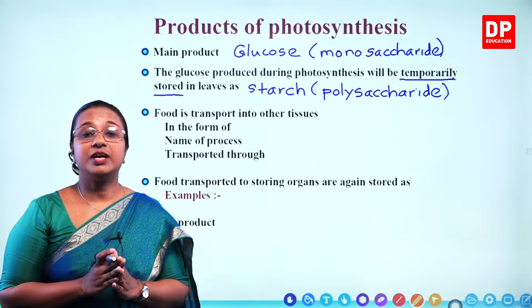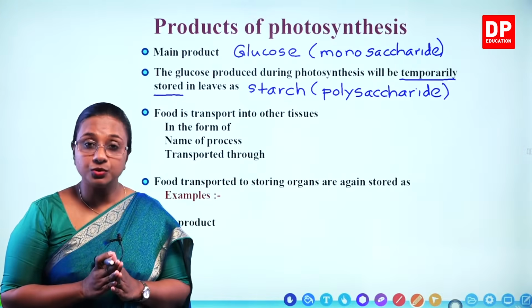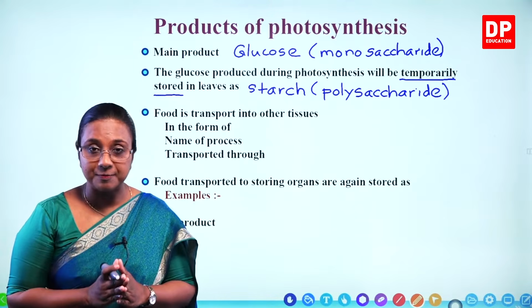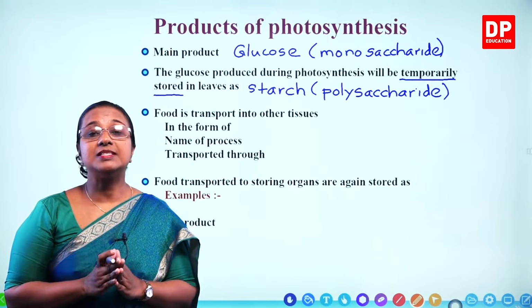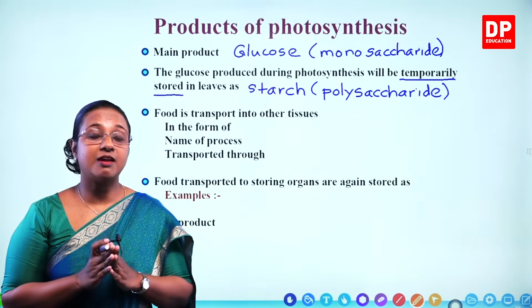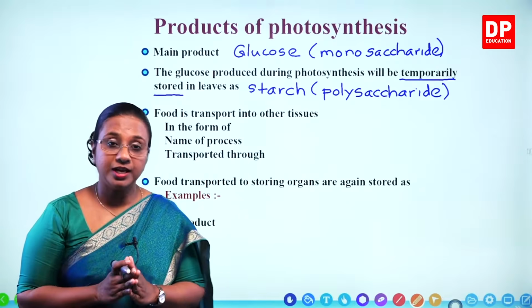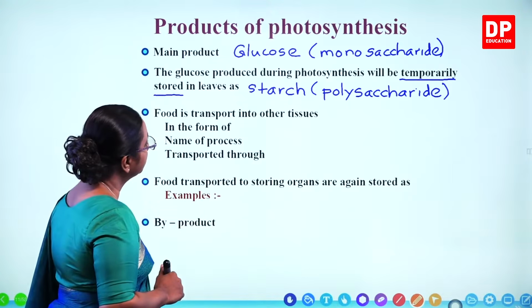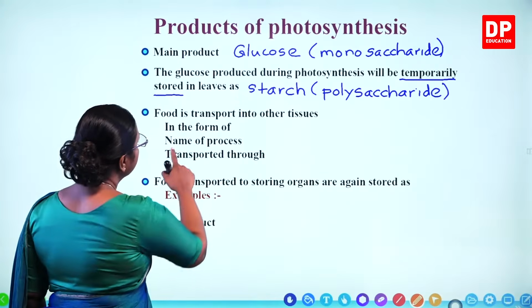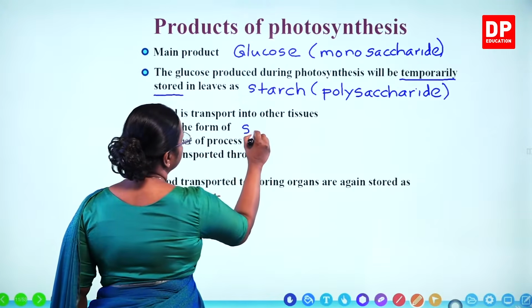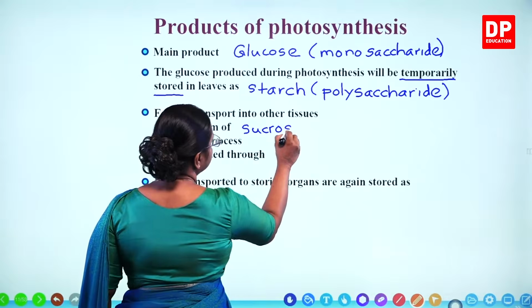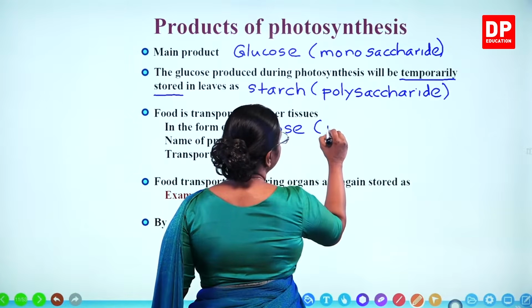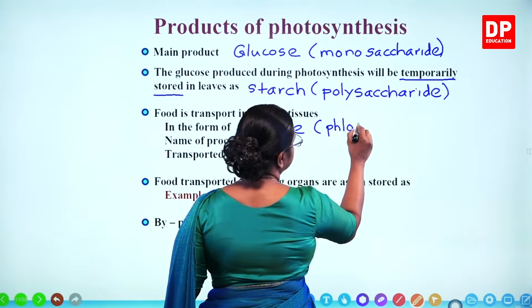It is translocated in the form of sucrose, and then we call it the phloem sap. And phloem is the transport tissue that translocates food in the form of sucrose. So food is transported into other tissues in the form of sucrose, that is a disaccharide present in phloem sap.